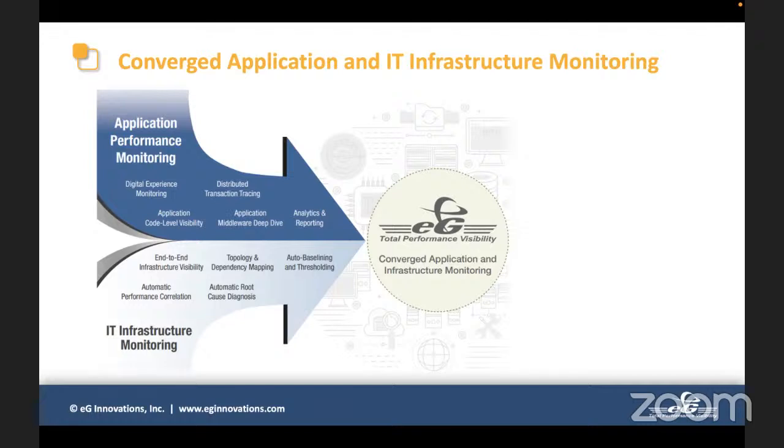And that is what EG is doing. We look at the application and infrastructure monitoring to help you identify where the issues are, whether it's VDI, e-commerce or public service, it's all the same.